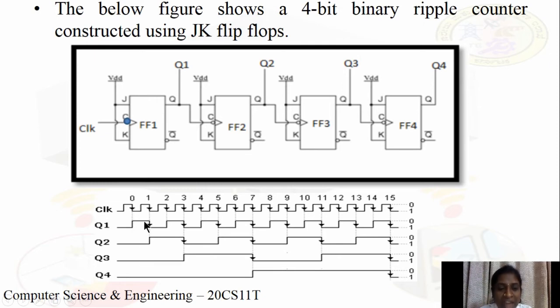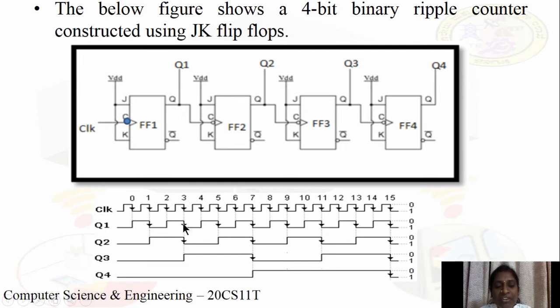This is a clock. This will act as a clock for the second flip-flop. This Q2 will retain its state until it gets the negative edge, or the falling edge, from the Q1 output. It will be in the 0 state. It will retain its 0 state until the negative edge comes. If the negative edge appears, it changes its state from 0 to 1. Next, it retains the 1 state until it gets the next negative edge, or the falling edge.